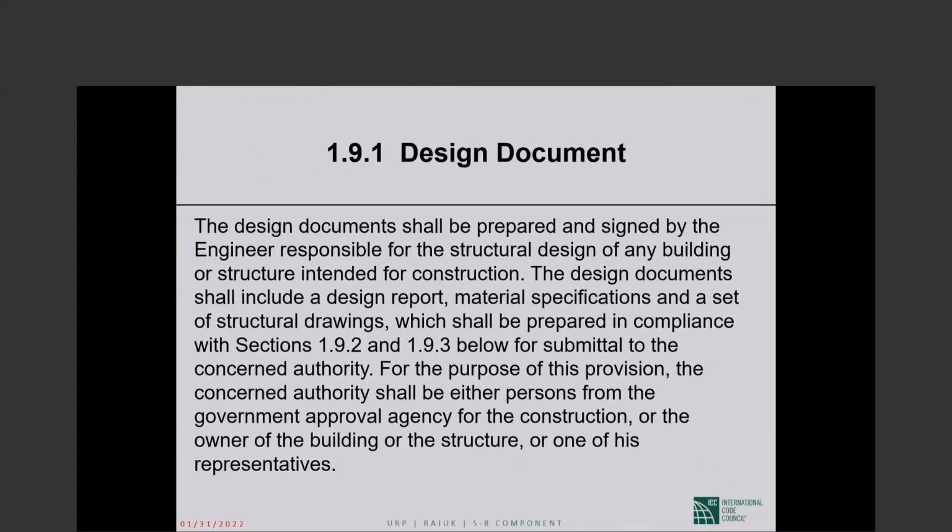This is 1.9.1, the design documents. Design documents shall be prepared and signed by the engineer responsible for the structural design of any building or structure intended for construction. Okay, whoever has designed the structure will sign the drawings.